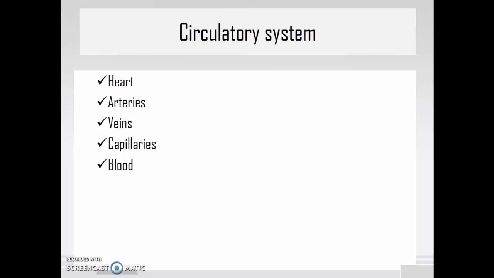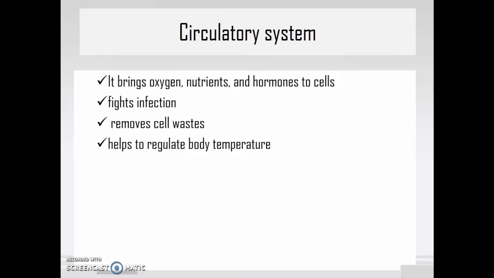body. Now, what is the function of the circulatory system? It brings oxygen, nutrients and hormones to the cells. So see, our body is made up of billions and billions of cells. We are multicellular organisms. Now each cell needs oxygen, nutrients, and hormones too for its survival. So how is it going to reach the cells? It reaches the cells via blood.